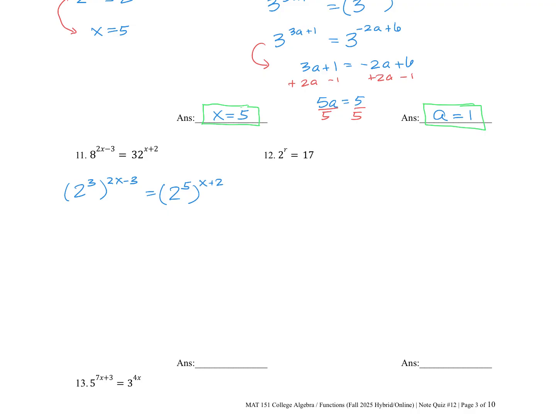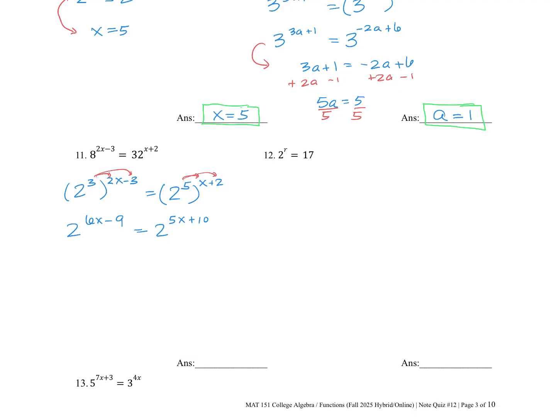And then remember, just like before, when you raise a power to a power, you multiply. And also keep in mind that you got to distribute when you're multiplying. So this is actually 2 to the 6x minus 9 equals 2 to the 5x plus 10 power.